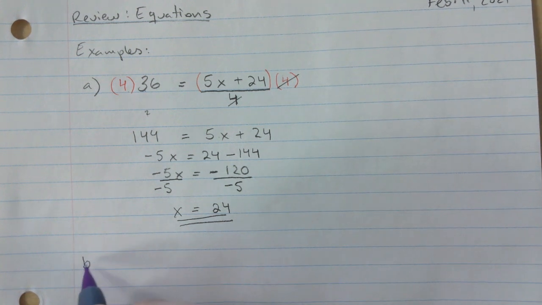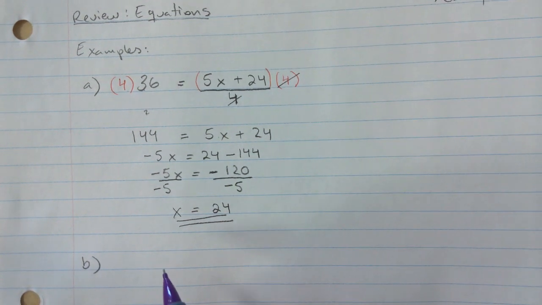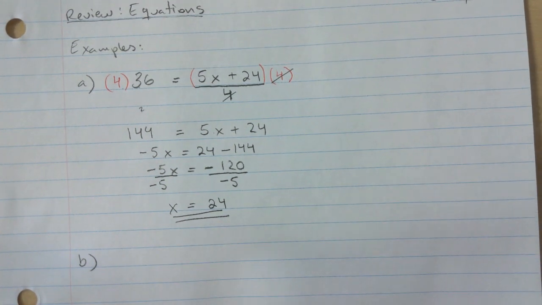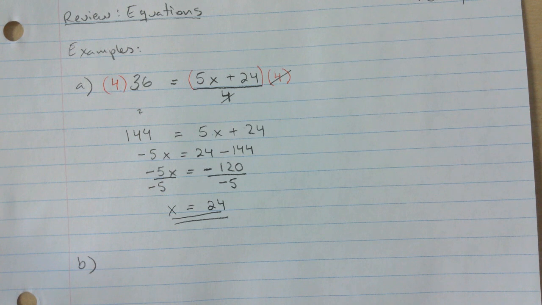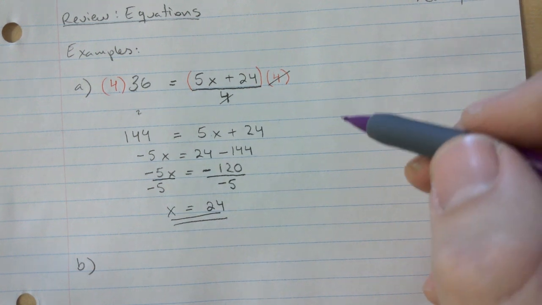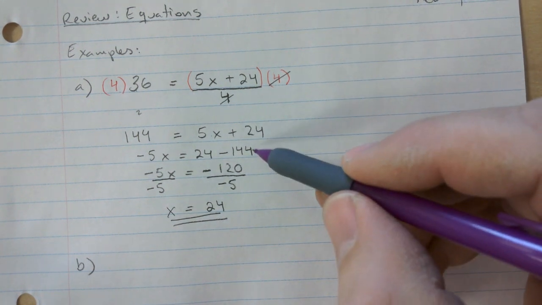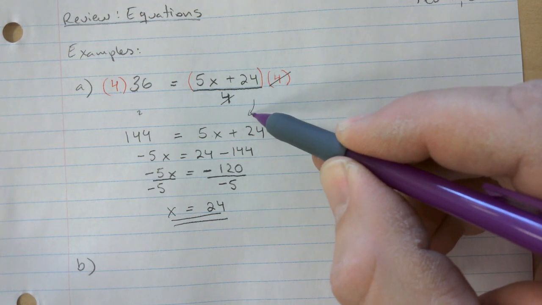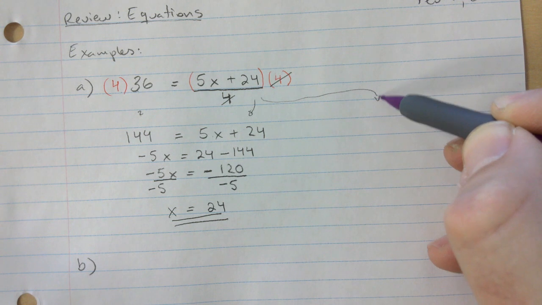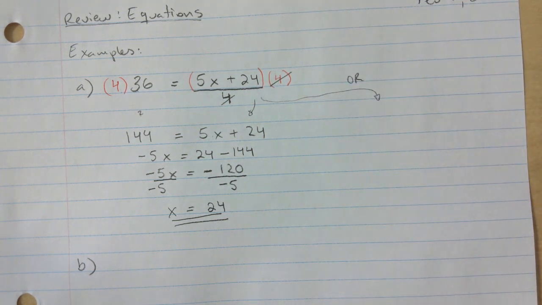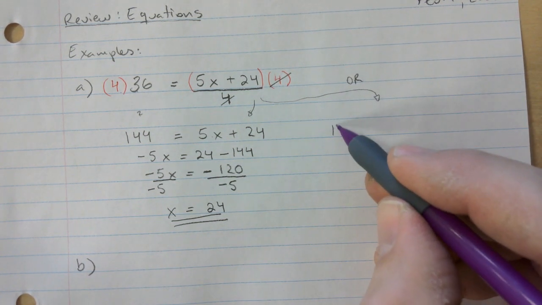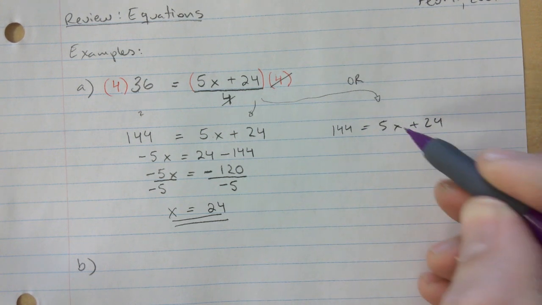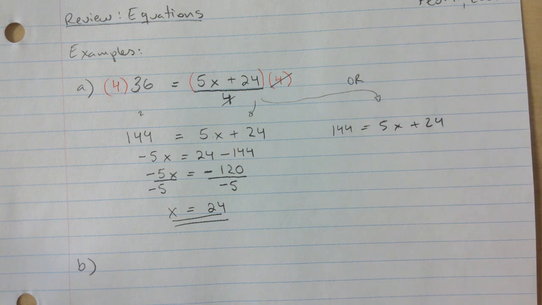Let's continue with some other questions here. No, you do not have to. Okay. So this is one option, right? This is one method, right? Or, right? It's actually a good question here. 144 is equal to 5x plus 24, right? That's what you get after canceling out the 4.